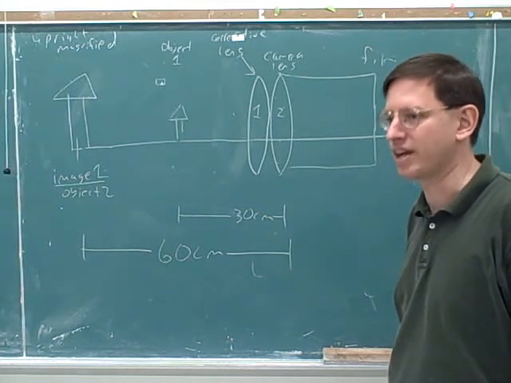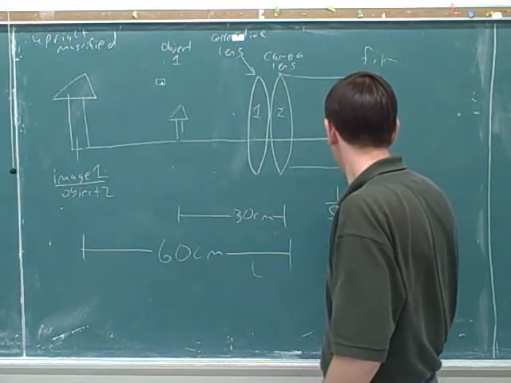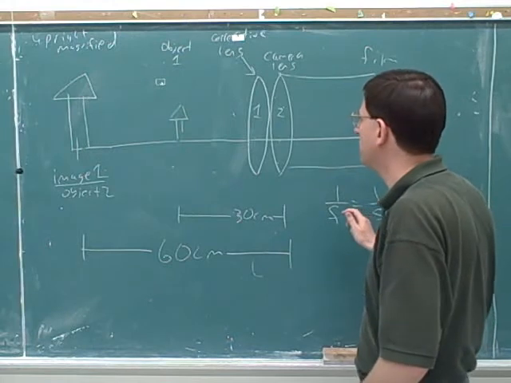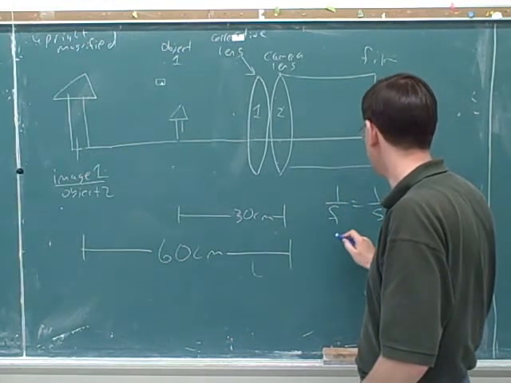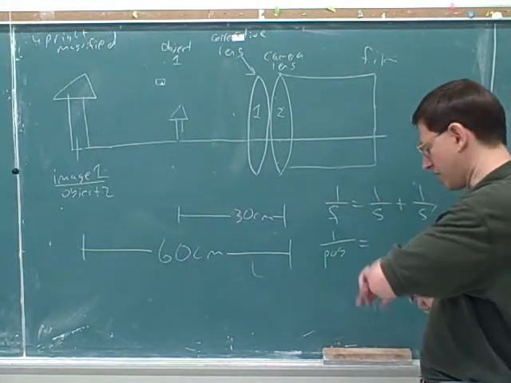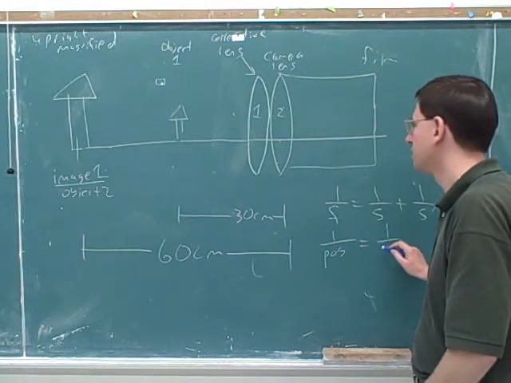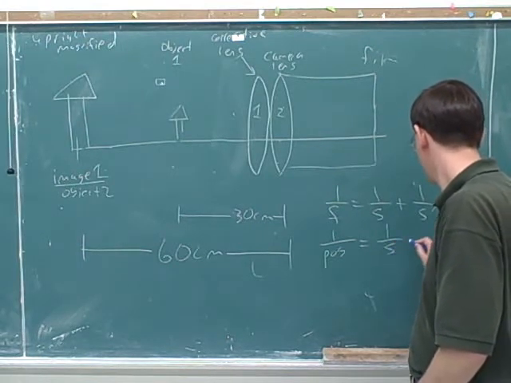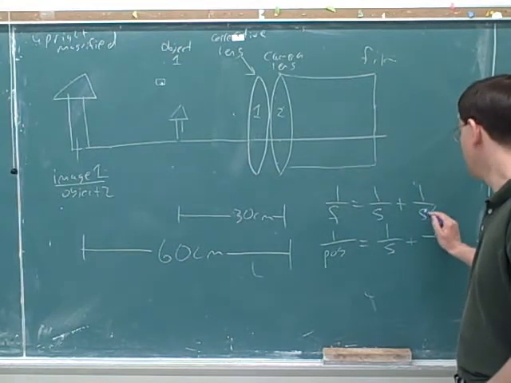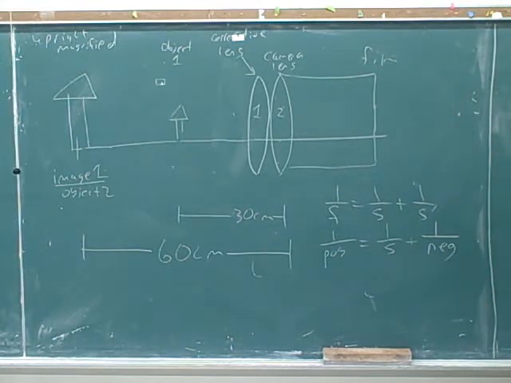Upright, magnified. Right. Is there another way to explain that it's upright and magnified? Well, we know that we are converging, so this term is positive, and we know we're making a virtual image, so this term must be negative.